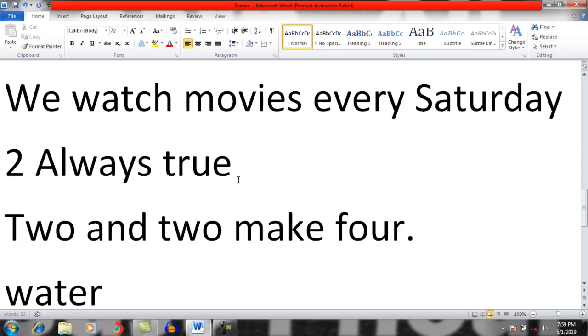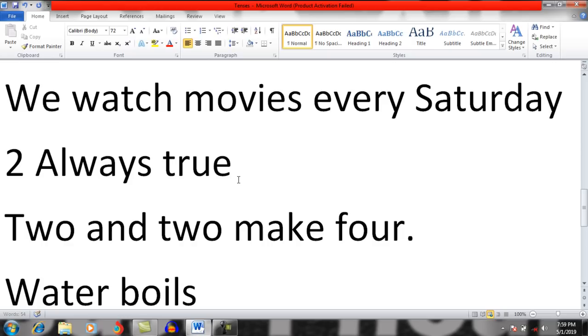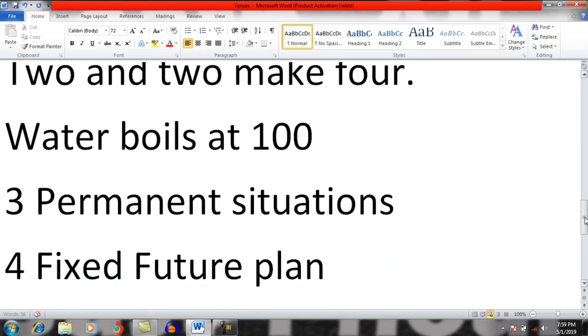Or water boils at 100 degrees. If you boil water in Pakistan, it will boil at 100 degrees. If you boil water somewhere else, it will also boil at 100 degrees. So those actions or activities which we cannot change, which are natural, we use present simple.